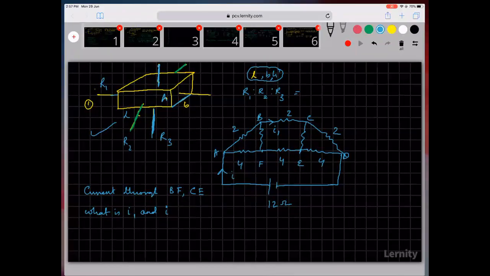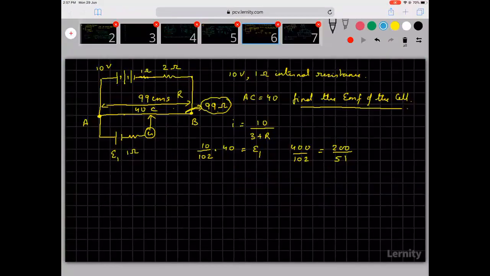So the way you go ahead with this one is this. This resistance is given to you as 99 ohms. So the current in the circuit is going to be equal to 10 divided by 1 plus 2, 3, 3 plus 99 is 102. Now in this particular loop, the galvanometer is showing zero reading.